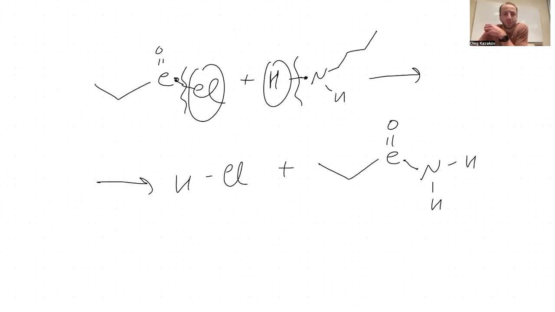One H will be away, one H will stay. This H stays, here that one, here that one, and then we have four carbons. This one stays as well. So that's it. That's your synthesis of the amides.